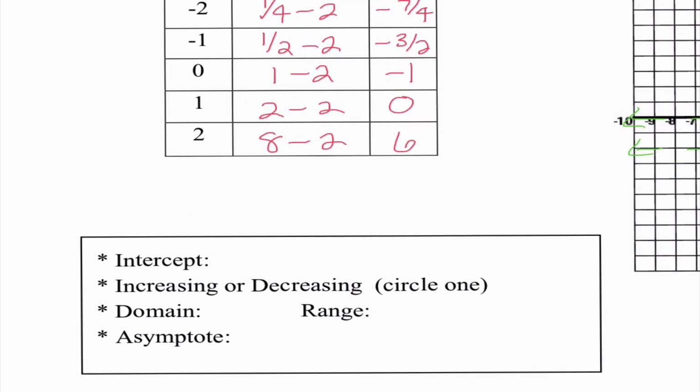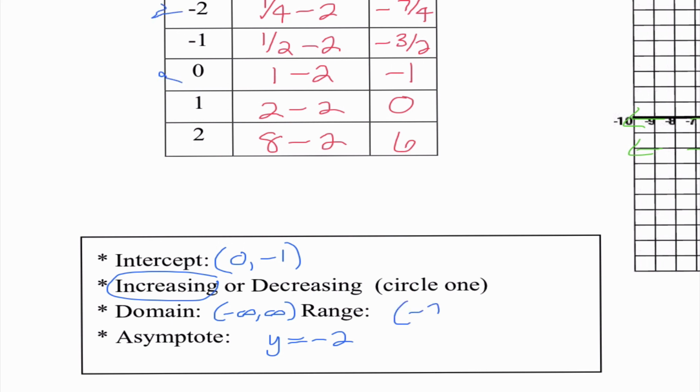So our intercept is going to be, this time, at (0, negative 1). It is increasing. Our domain is once again negative infinity to infinity, but our range is different this time because we know our asymptote is y equals negative 2. So our range is going to be from negative 2 to infinity.